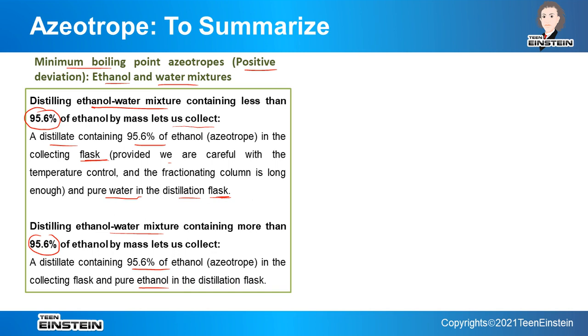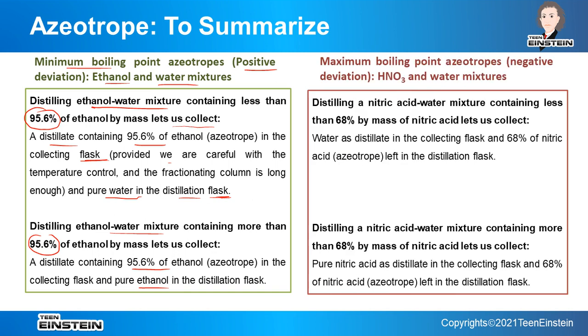And what about the maximum boiling point azeotrope? In case of maximum boiling point azeotrope, if we are starting with less than 68% by mass of nitric acid, that means suppose 50% nitric acid, 50% water, in that case what will happen? We get water as distillate in the collecting flask, and 68% nitric acid, that is the azeotropic mixture, will be remaining in the original distillation flask.